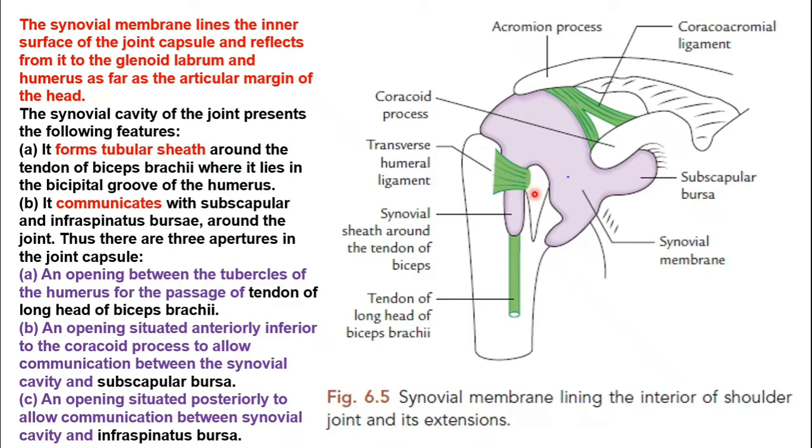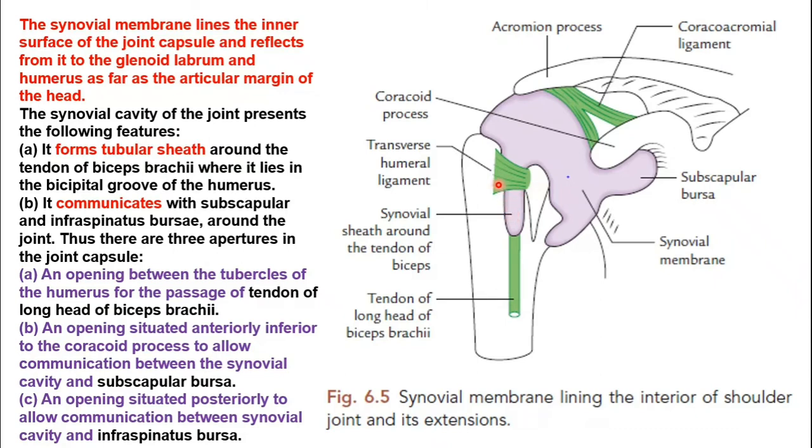So between the lesser and greater tubercle there is a sulcus, intertubercular groove or sulcus, which contains the long head of the biceps brachii. And this long head of the biceps brachii is covered by synovial bursa, ताकि ये injured ना हो. ठीक है.